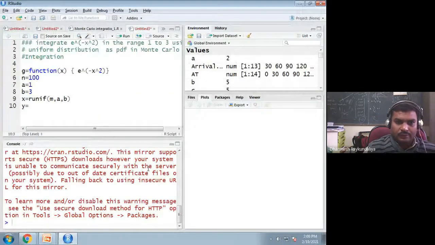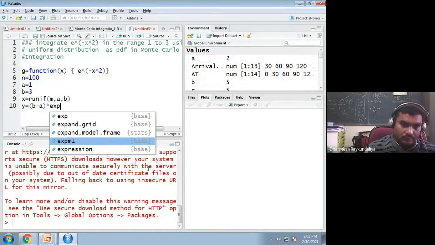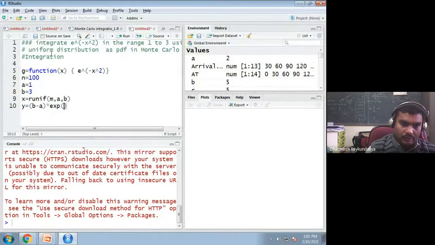So it is b minus a. We will not directly go for the calculation summation. First we calculate the exponent, this is not the e, this is the exponent.